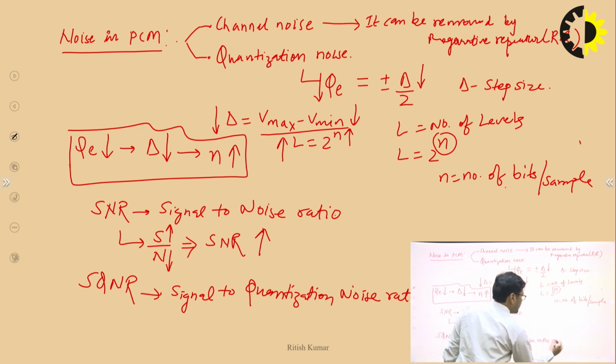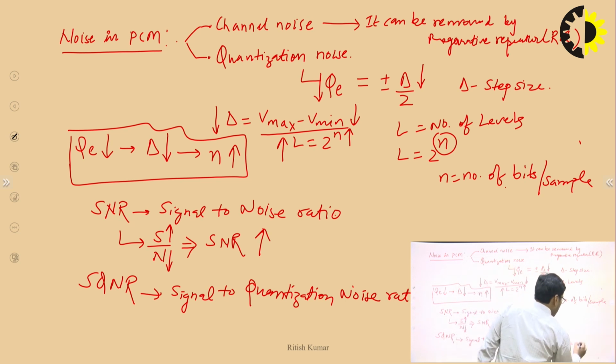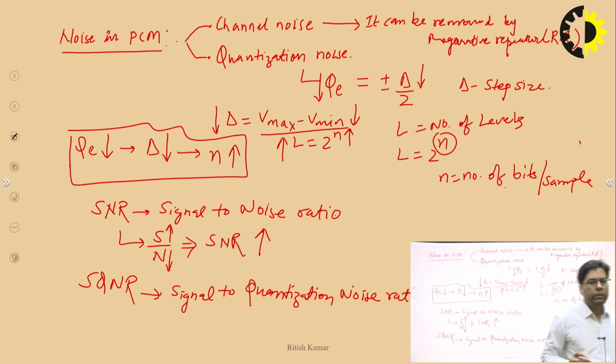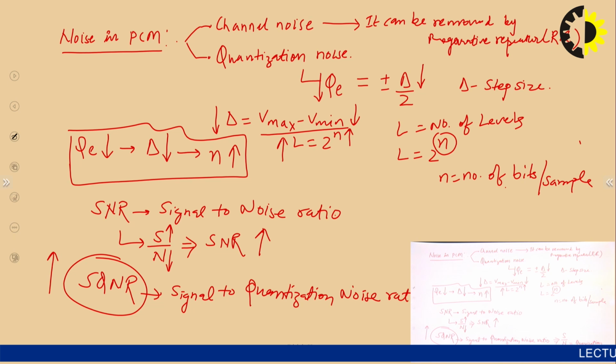I can write this as S upon NQ, where NQ is the quantization noise power. So this is the main overview of the signal to quantization noise ratio. To have efficient communication, this signal to quantization noise ratio should be as high as possible.